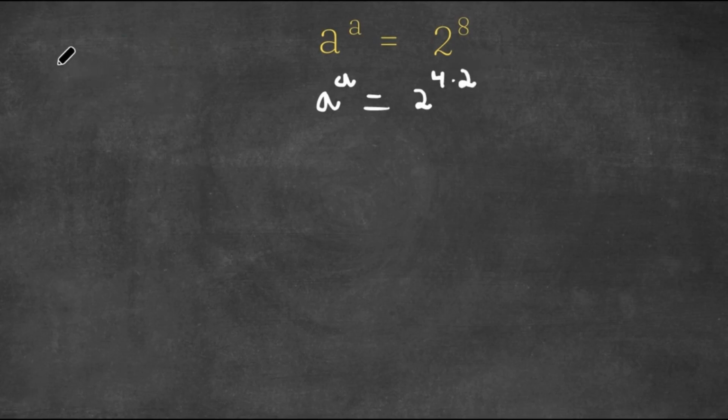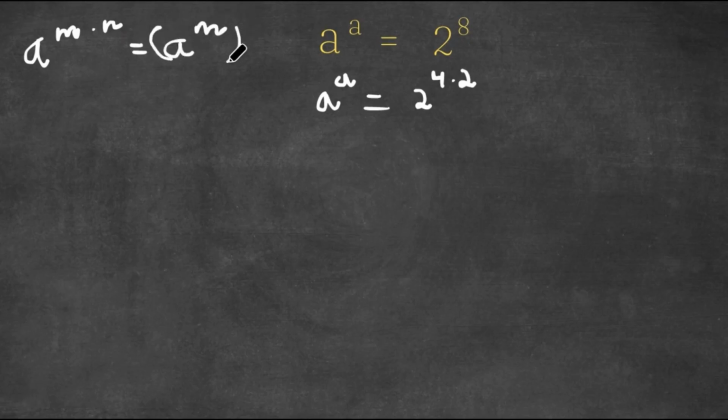And now, if we have something in the form a to the power of m times n, we could write this as a to the power of m to the power of n, or we could also write this as a to the power of n to the power of m.